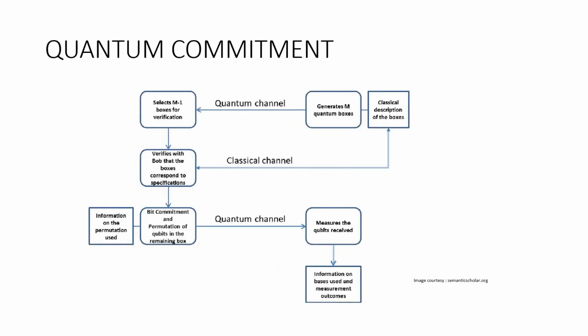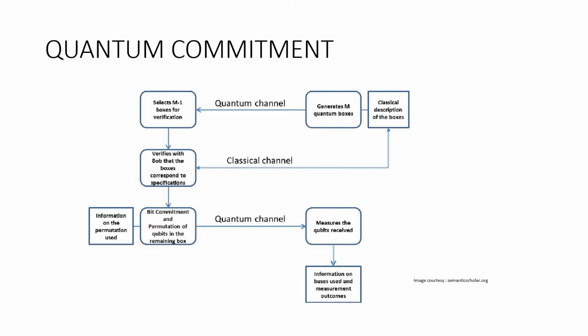Another application is quantum commitment. In addition to quantum coin flipping, quantum commitment protocols are implemented when distrustful parties are involved. A commitment scheme allows a party, Alice, to fix a certain value to commit in such a way that Alice cannot change that value, while at the same time ensuring that the recipient, Bob, cannot learn anything about the value until Alice reveals it.